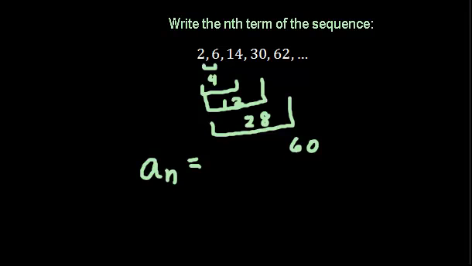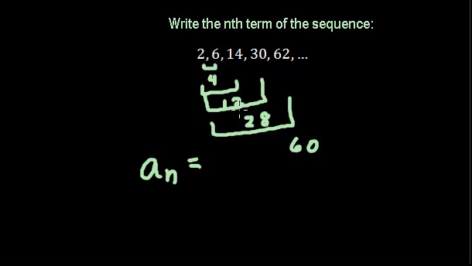Now these require a bit of practice, and fiddling around with them and trying to figure out how the numbers relate is a bit of an art. It's kind of trial and error, and you just start figuring out a little tool basket of what you're going to look at. I'm looking at this one, and what I see are powers of 2 minus a number. That would be like 2 to the 3rd minus 4.